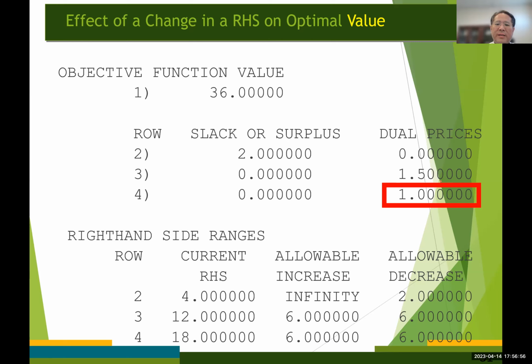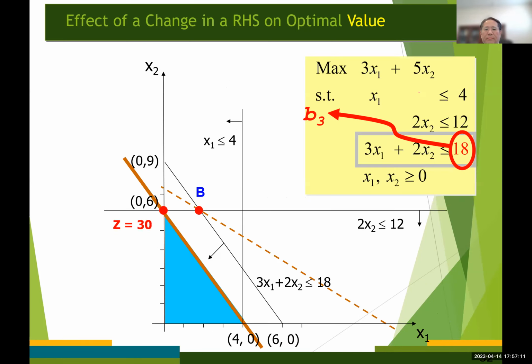So in that case, it's going to be 36 minus 6 times 1, which becomes 30, right? The new optimal point is right here, with value of 30, right?